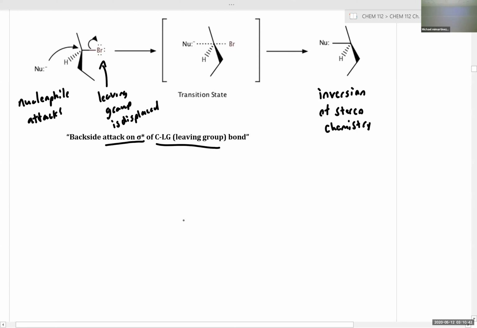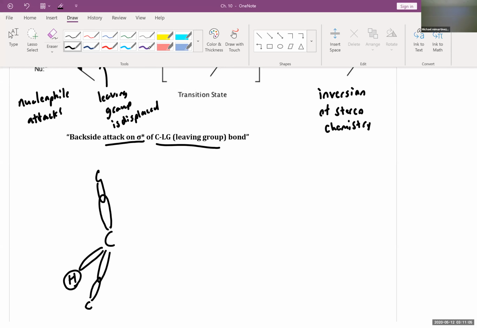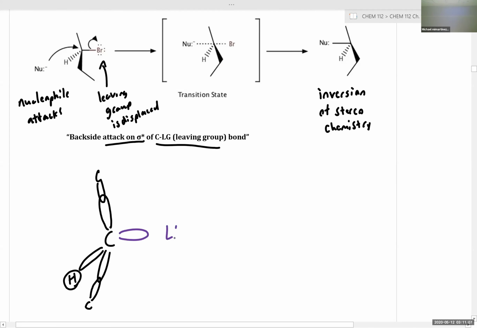So let's draw out a brief molecular orbital picture to begin to rationalize what is being observed so far. So we have our sigma bonding MO. So this is our carbon leaving group sigma bond.